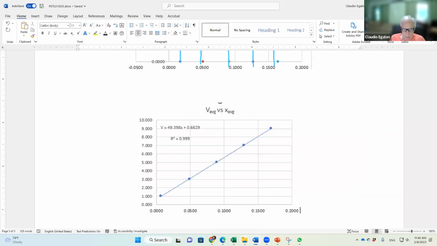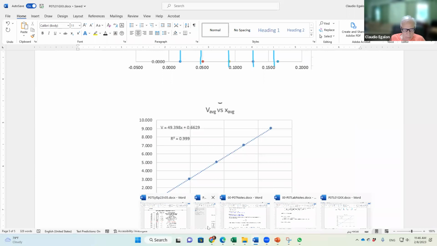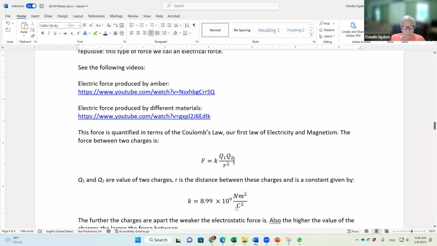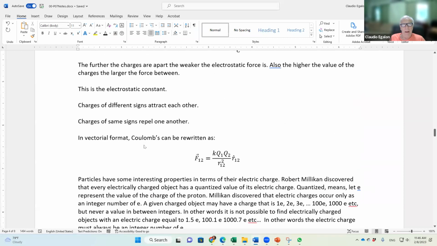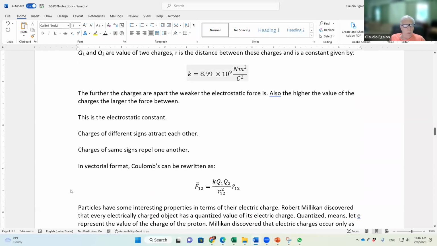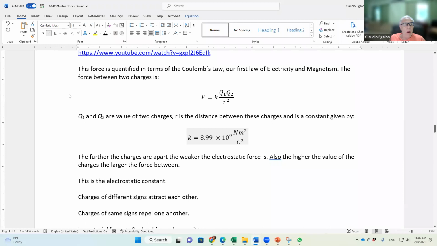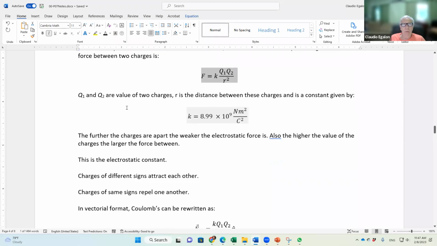Let me get that for you. Oh yeah, right in here. You can go either way. You can write it in terms of the vector notation, or you can write it in terms of the scalar notation, but don't forget that like charges repel and opposite charges attract.